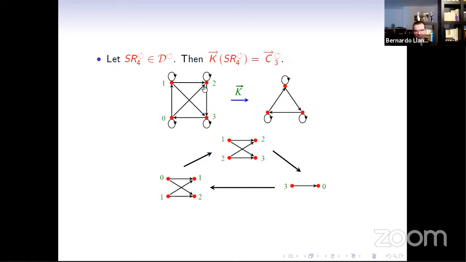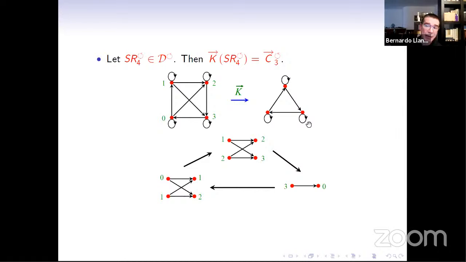This is the notation. And in the class where you put a loop on every vertex, it is easy to see that it has only 3 dicliques, and you have the image of a C3 with loops. And of course, it's again convergent.